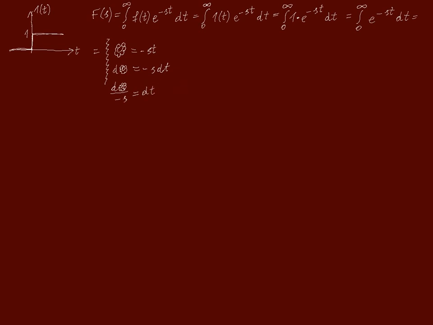These types of tasks can be solved in two ways. Either the integration interval must be recalculated for a new variable, or after calculating the integral, one must return to the previous notation. I will use the second approach.